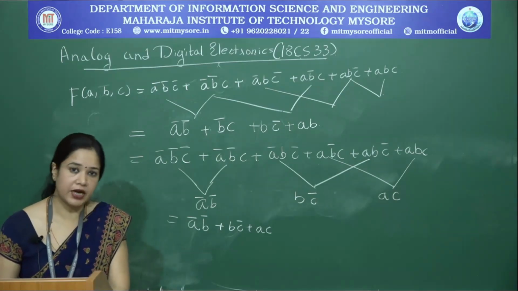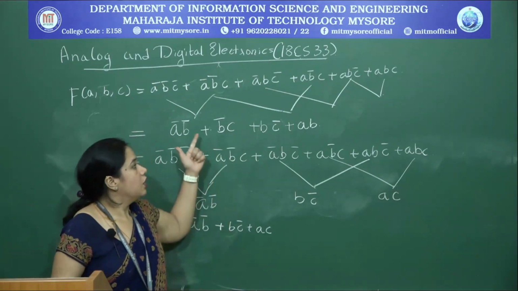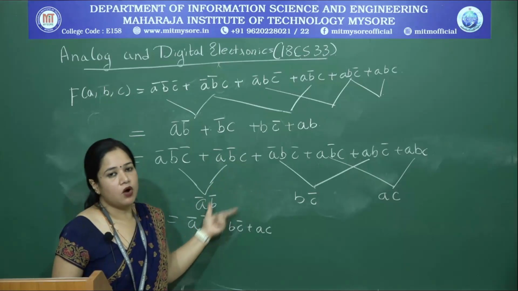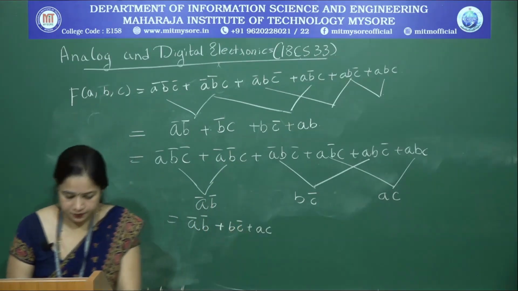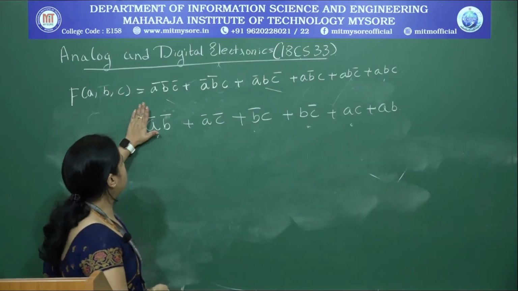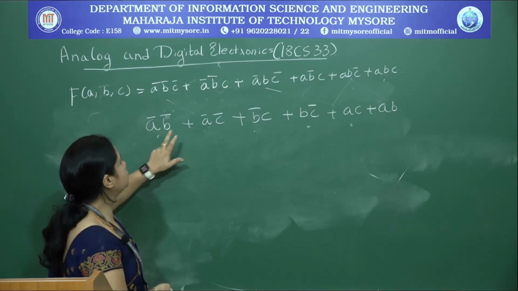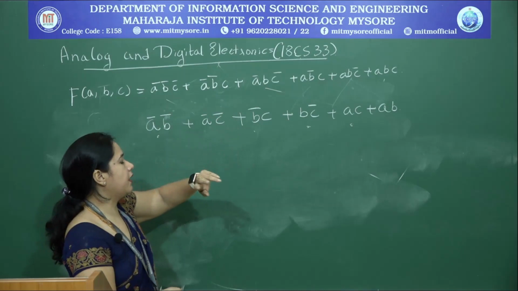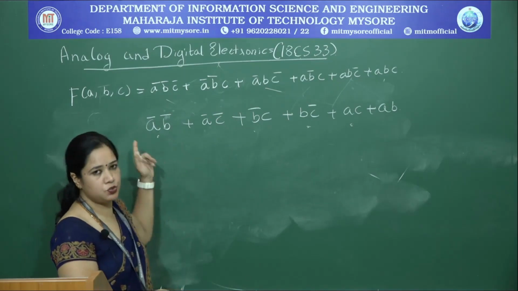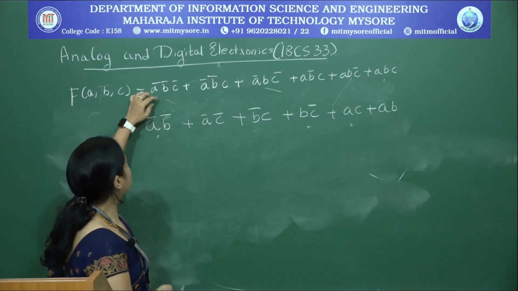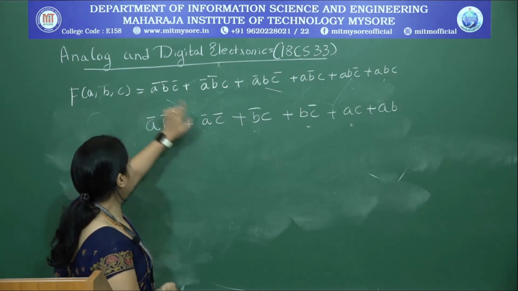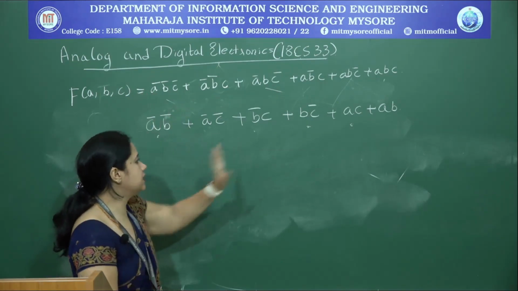So, we will try out one more approach, one more combination, and see what result we get. Here, we are trying to consider all possible pairs instead of selecting the pairs as we did in the earlier approach. I have combined all possible pairs and I get these terms.